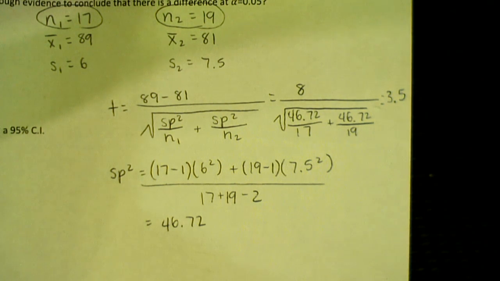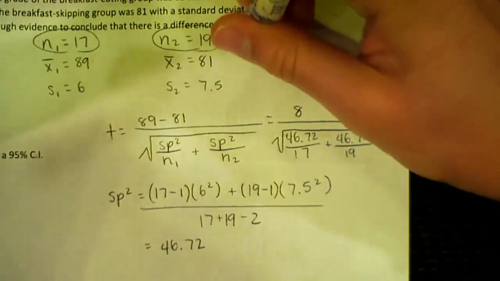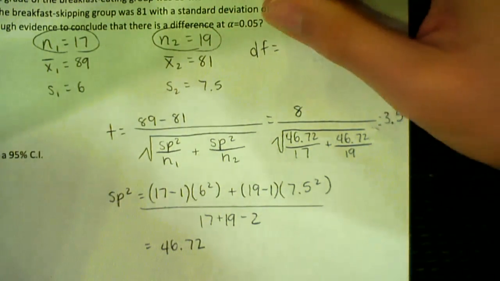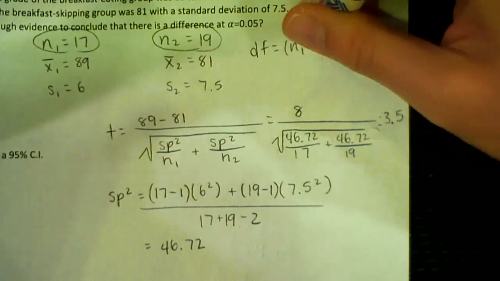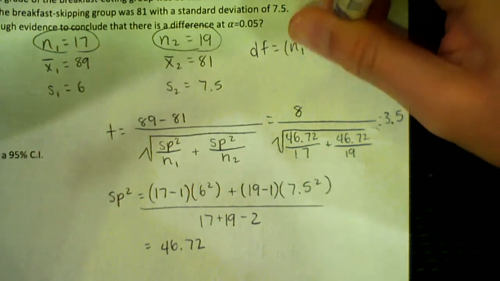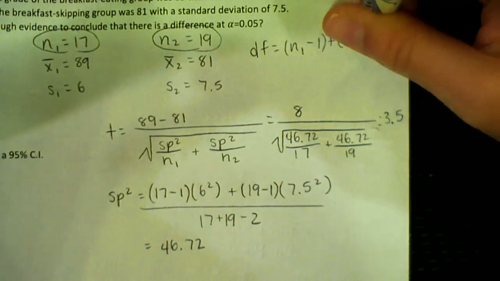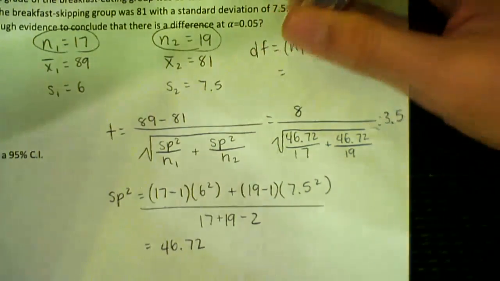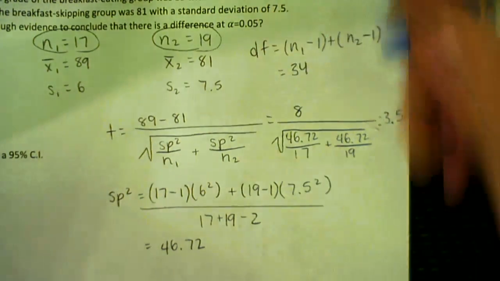Okay. And then again, since we're using the t-tables, we do have to find the degrees of freedom. So I'll do it up here. So you get 34.